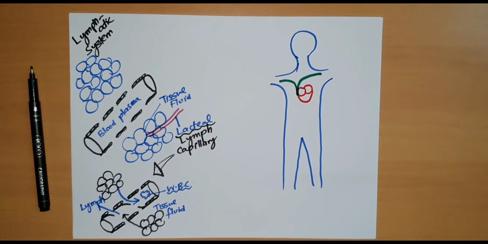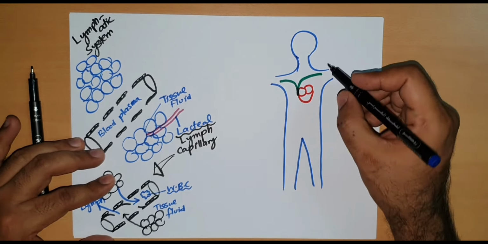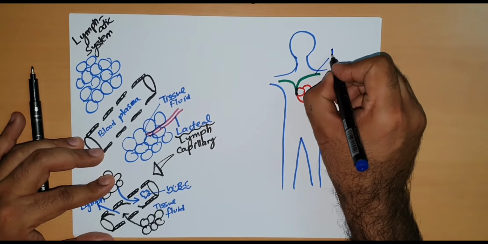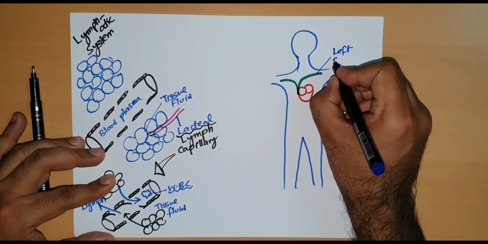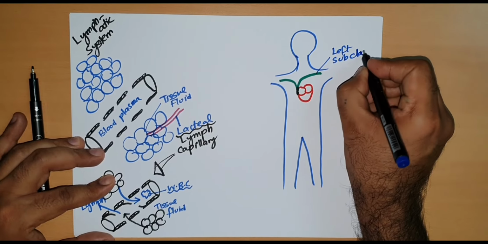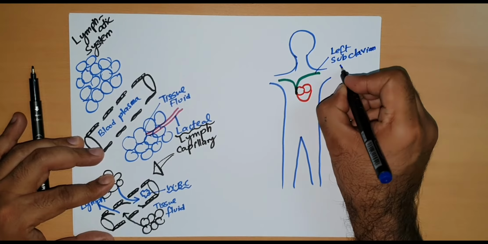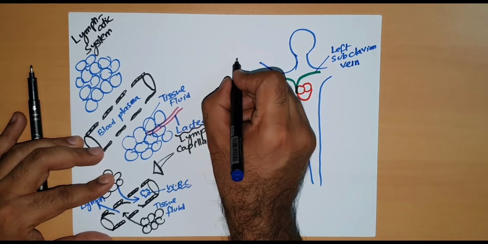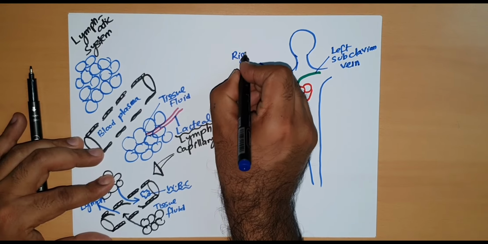You don't need to know that much detail, but you need to know a little bit of this idea. This vein is called the left subclavian vein, and this one is called the right subclavian vein.